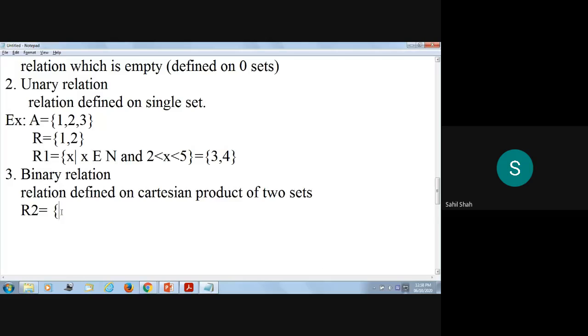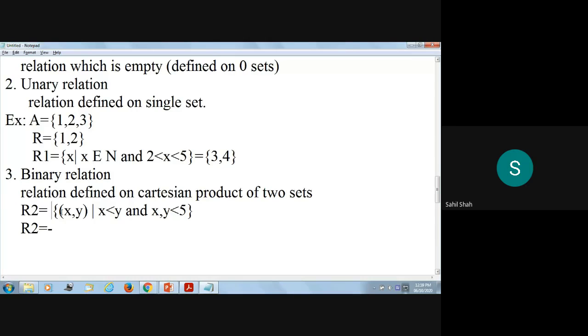So if you write like this: (x, y) such that x is less than y, and x, y less than 5. Can you tell me what are the components of R2 now?